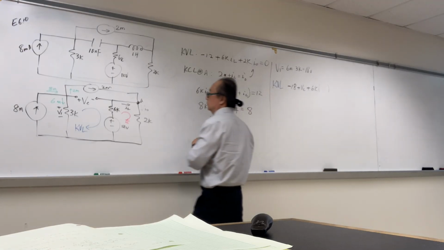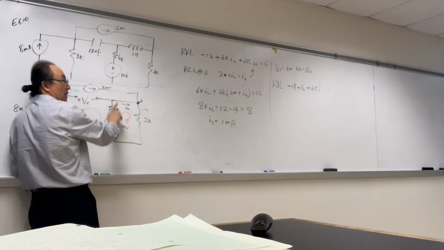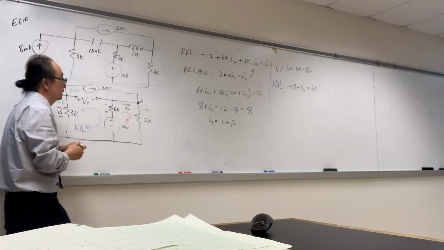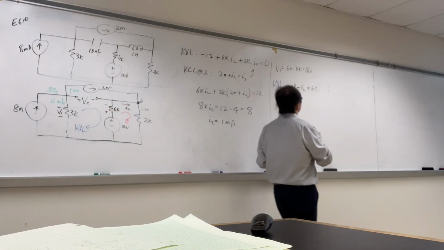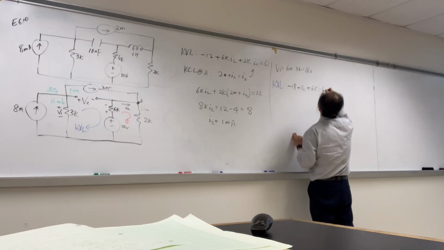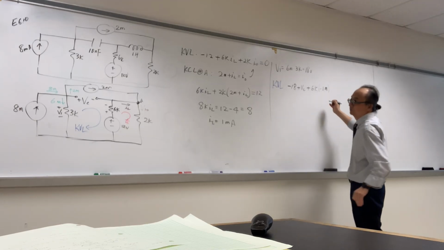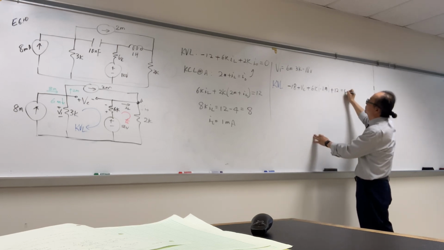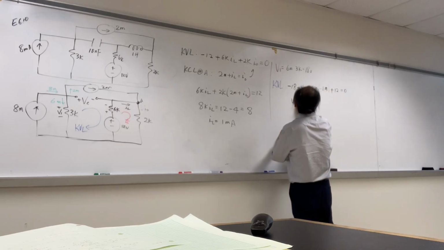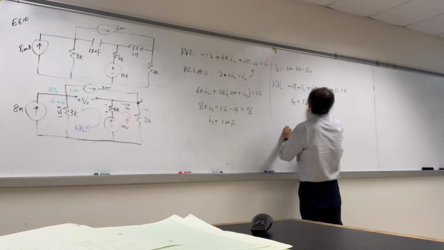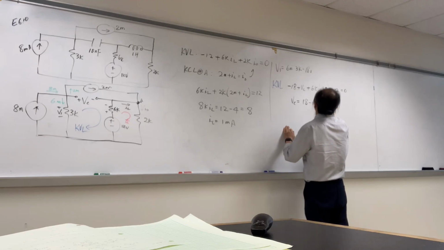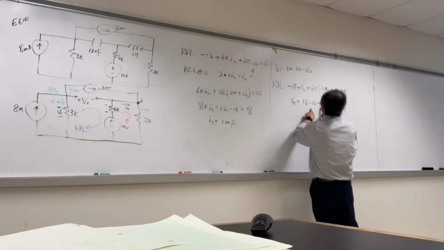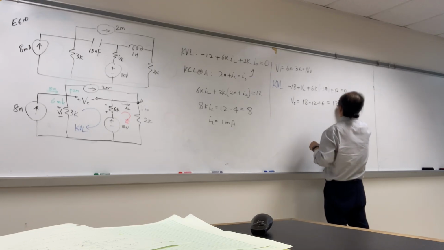The IL we have is going upward, therefore we have plus and minus right there, so the voltage across here should be minus. So I'm going to write minus 1 milli. Missed that. And then plus 12 equals 0. So now VC equals positive 18 minus 12 plus 6, so that is 12 volts.